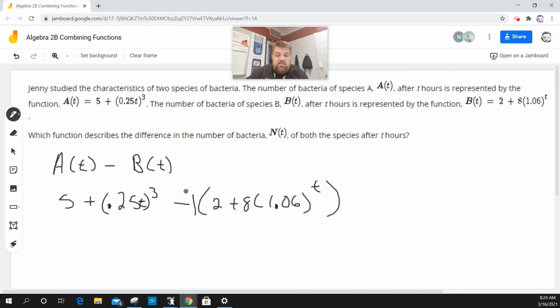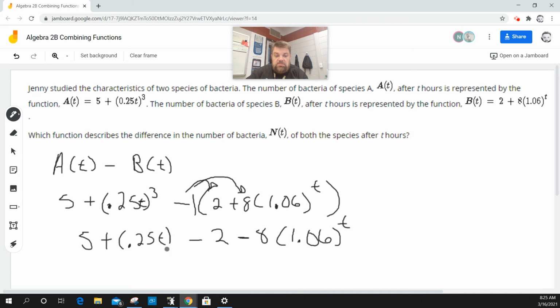Now, this is like a -1, so I'm going to distribute that through the parentheses, so that gives me a -2, and then -1 times this gives me a -8, and then everything else stays the same. And then over here, I've got 5 plus, in parentheses, 0.25 T cubed.